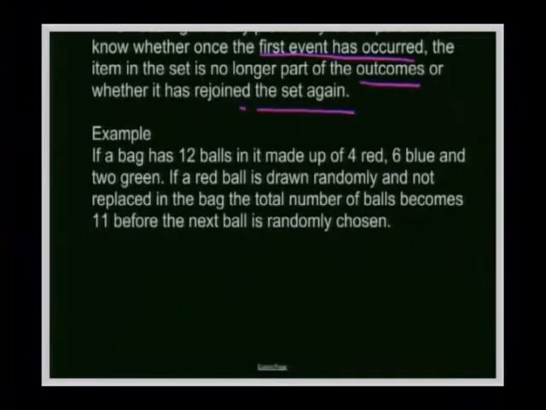A bag has 12 balls in it, made up of 4 red, 6 blue, and 2 green. If a red ball is drawn randomly and not replaced in the bag, the total number of balls becomes 11 before the next ball is randomly chosen. So let's look at the probability of choosing a red ball. So the probability of a red ball, I'll write it like that.